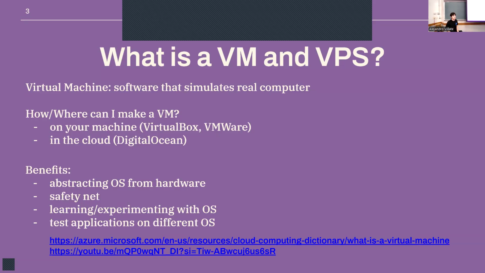The next benefit is it lets you have a safety net. I'll give an example. Let's say you see a program on the internet called notavirus.exe. And since you're such a genius, you want to download notavirus.exe and try running it and see what happens.